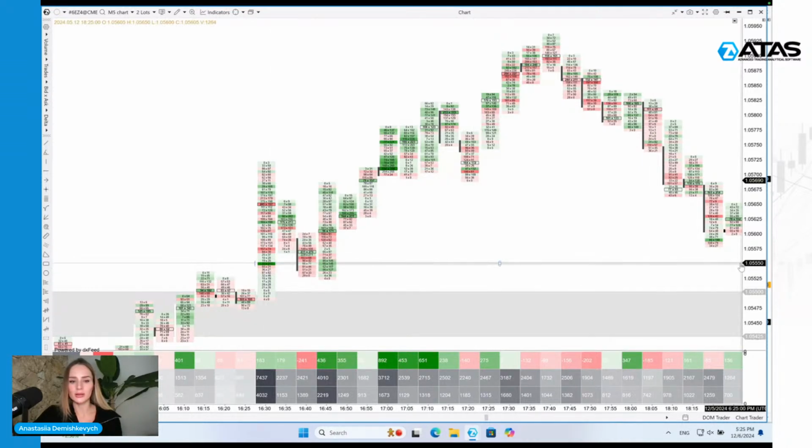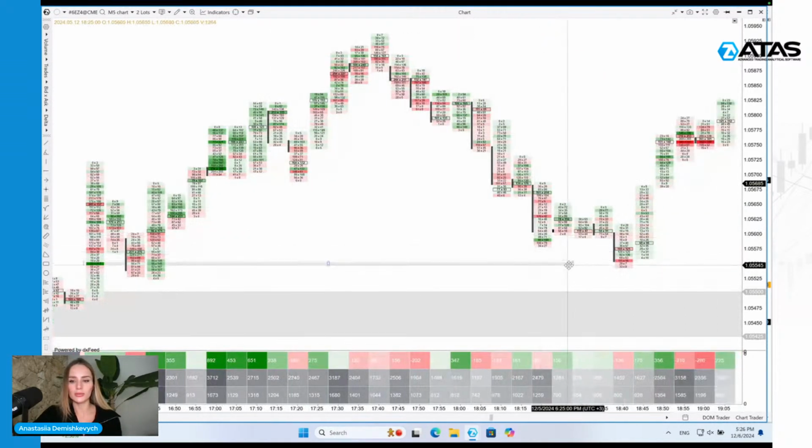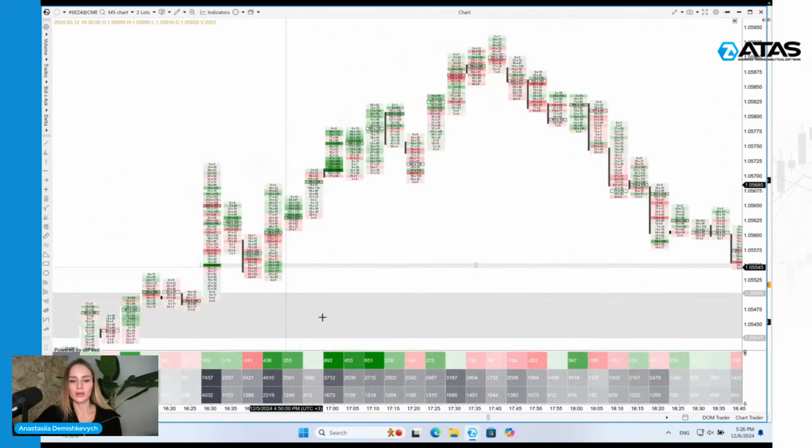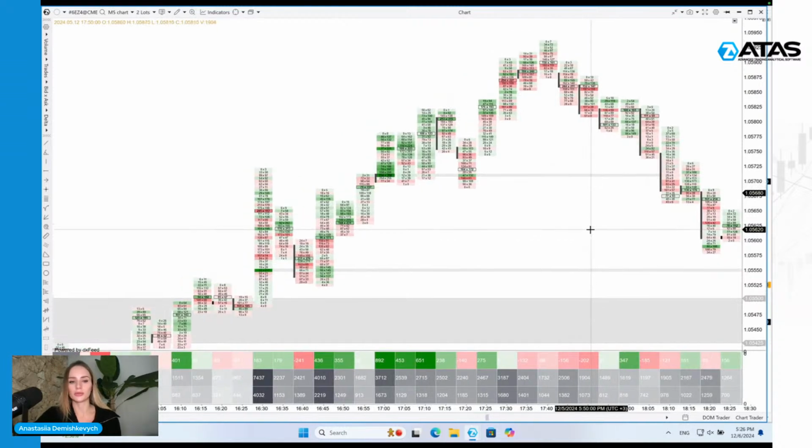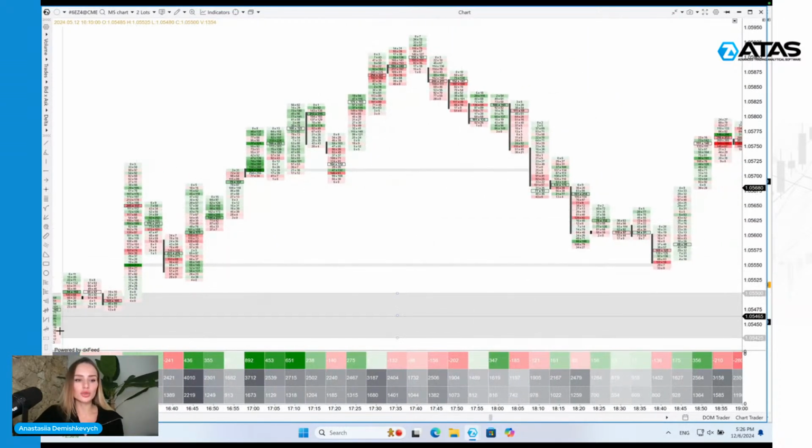This bright green delta would be my first, conservative entry point, and the second bright green delta would be my riskier entry point.